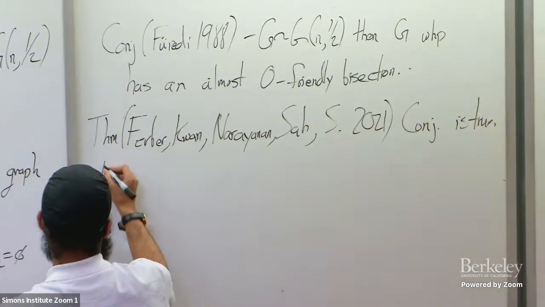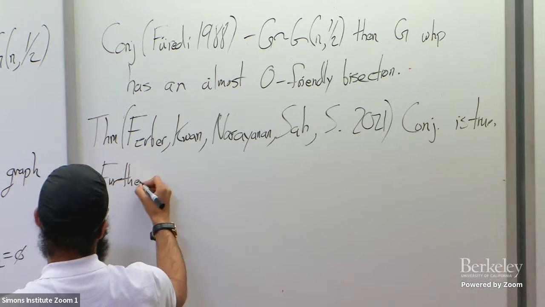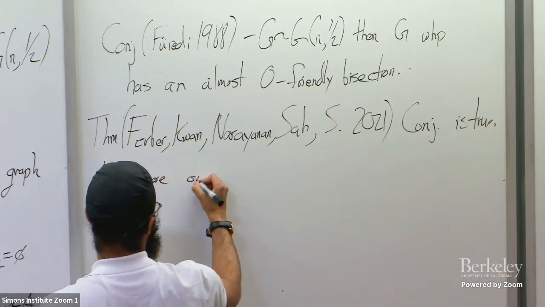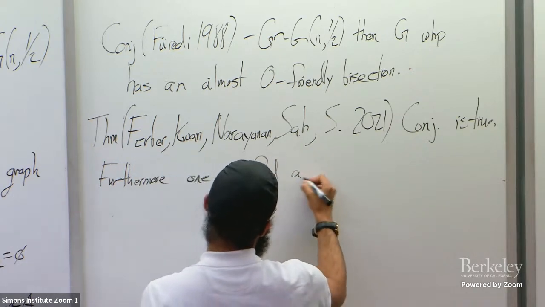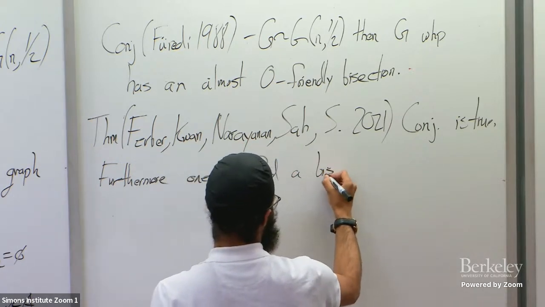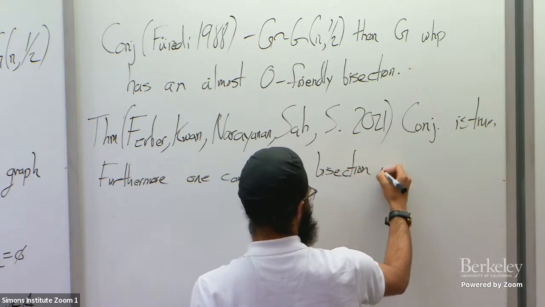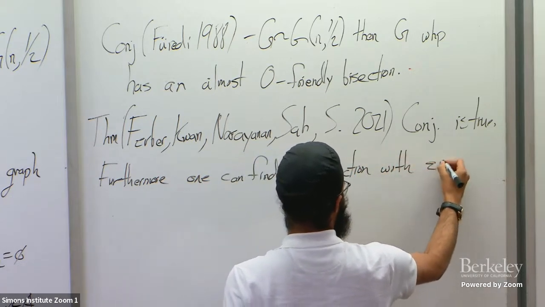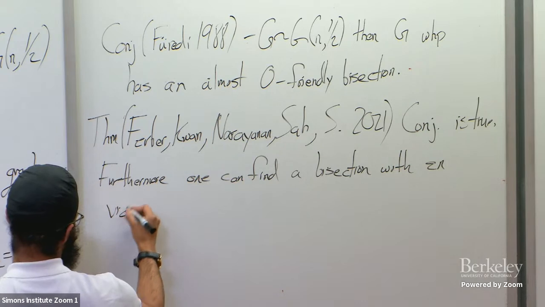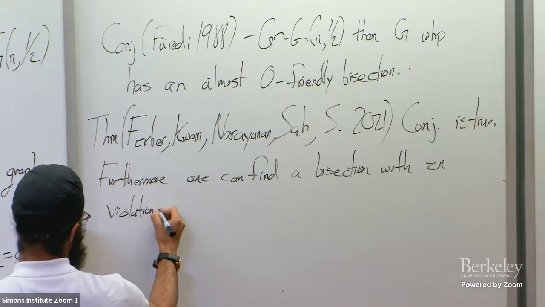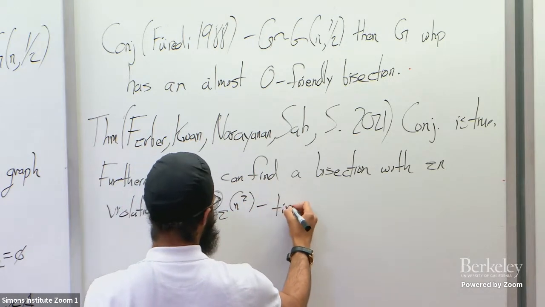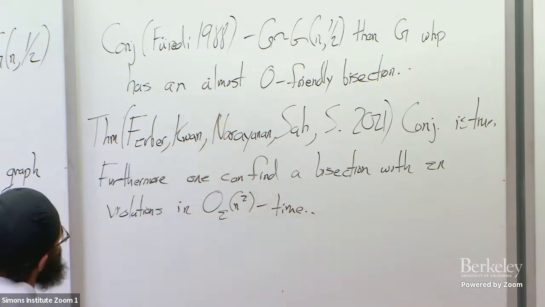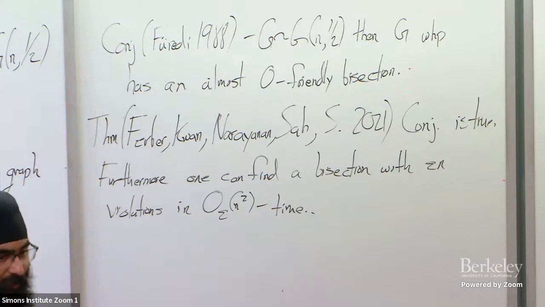And furthermore, one can find a bisection with epsilon n violations in O_epsilon(n squared) time. So the proof here is just algorithmic. There is some algorithm that does this, and it succeeds with high probability.